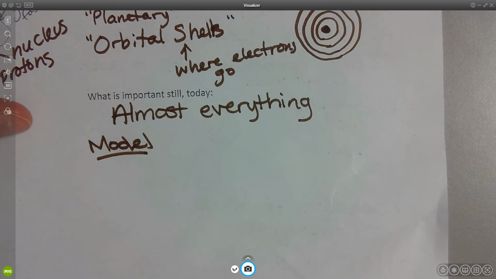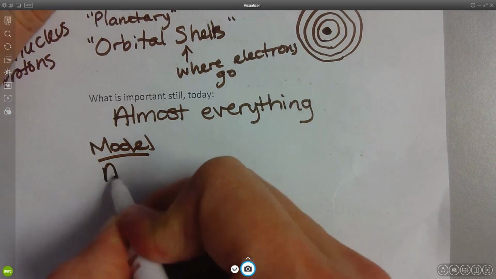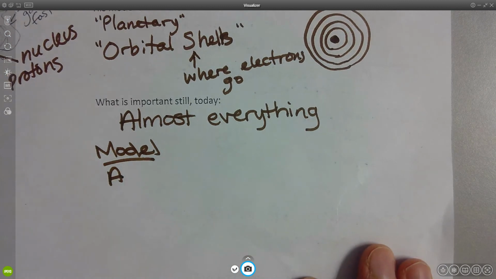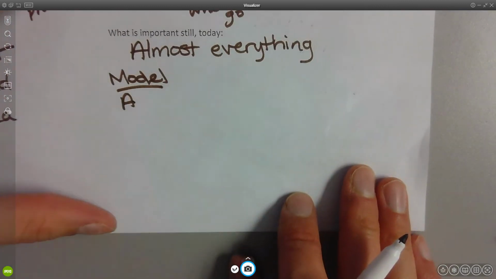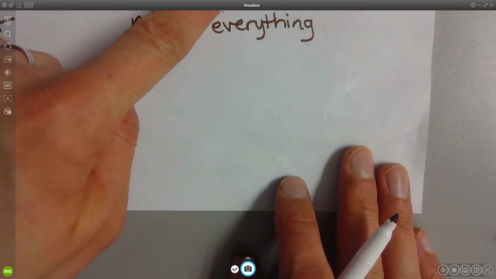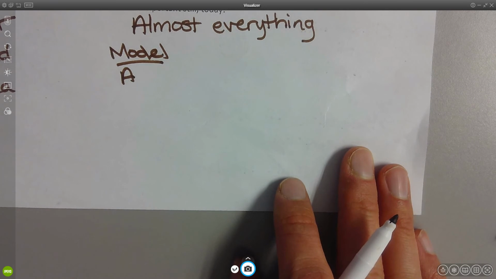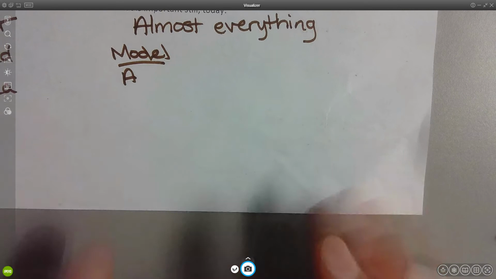Yeah. So here's what I want you to realize about this, you guys. Okay? We just talked about all of these different models, right? We talked about the orbital shells model. We talked about the central nucleus or electron cloud model. We talked about all these different ones, right?